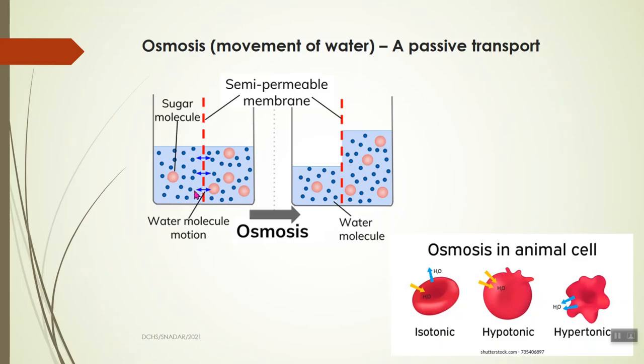In other words, when you count the number of sugar molecules here, it's very few, and here it's a lot of sugar molecules. If you leave the system over time, you can see that the water from this side moves to this side. What you understood from here is, water always moves from its high concentration to low concentration.